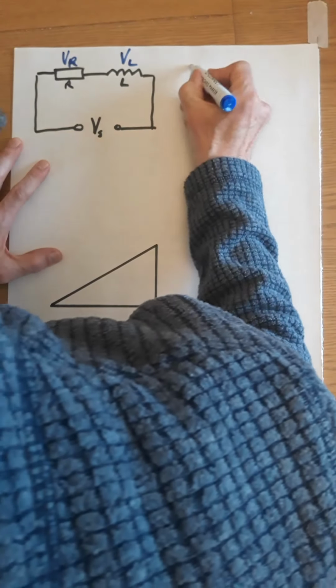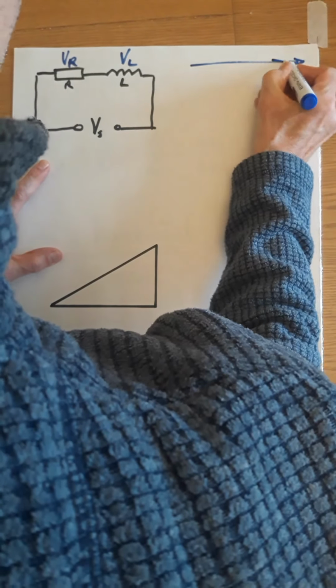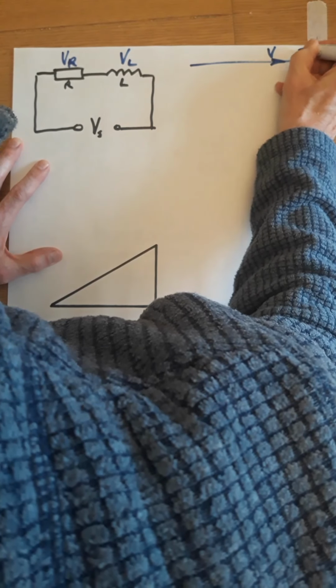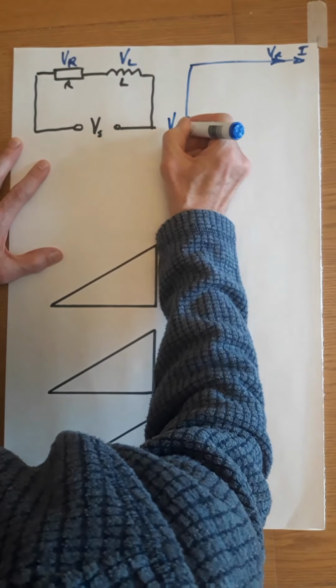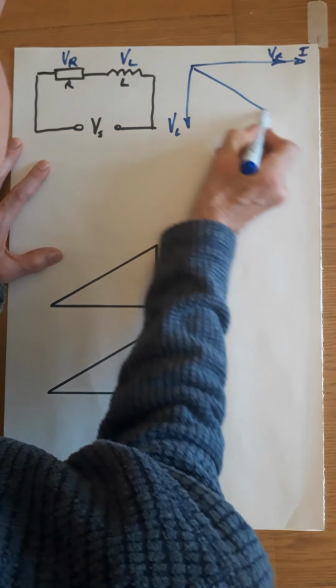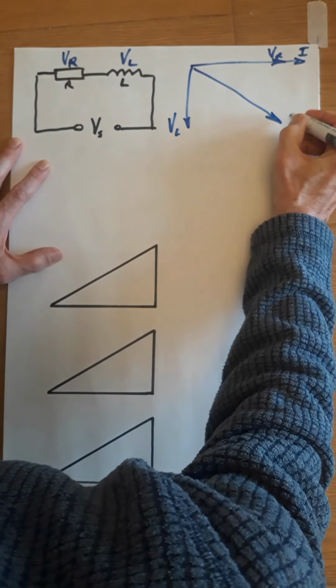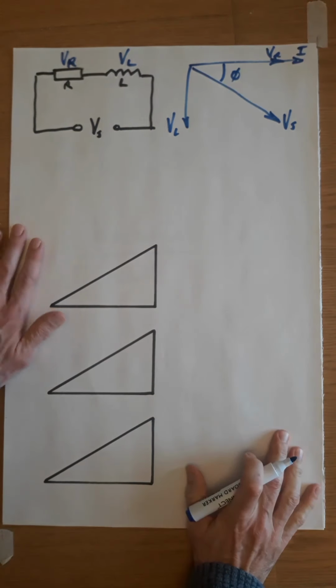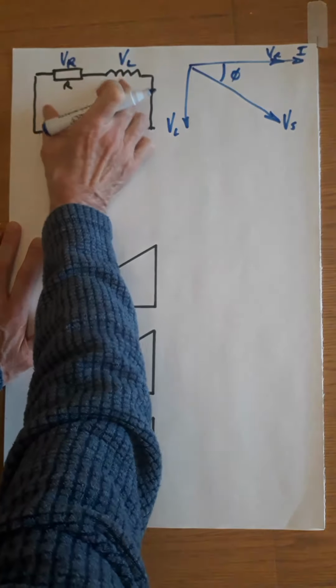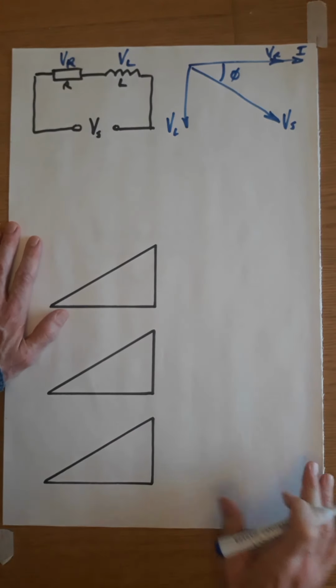I'll do that quickly. So there is voltage, there's current, VL, and our supply voltage will be there with phi. So this phasor diagram comes directly from this circuit.